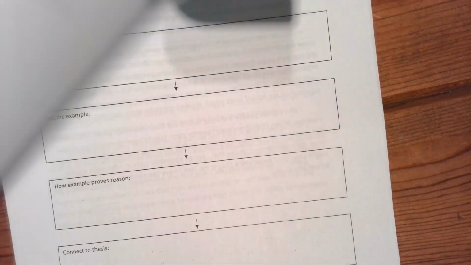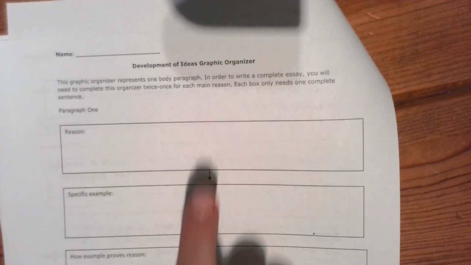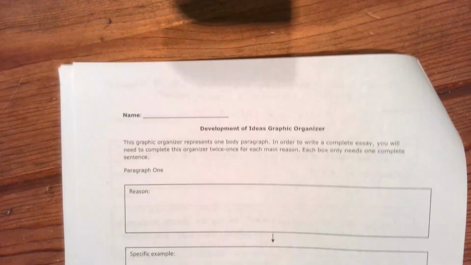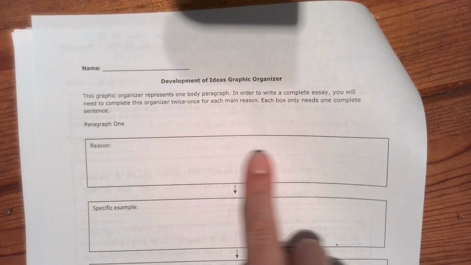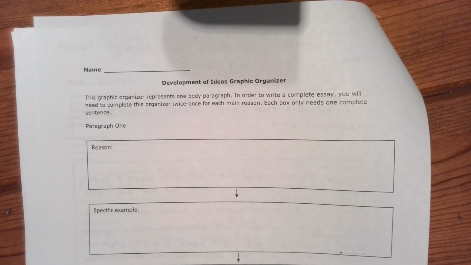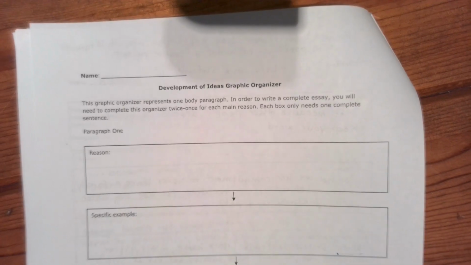Your next step is to try this on your own. So you have page 10 for your first body paragraph and page 11 for your second body paragraph. Remember to restate your reason at the top. That's your answer to the thesis question. You may use one of 3 samples of writing.